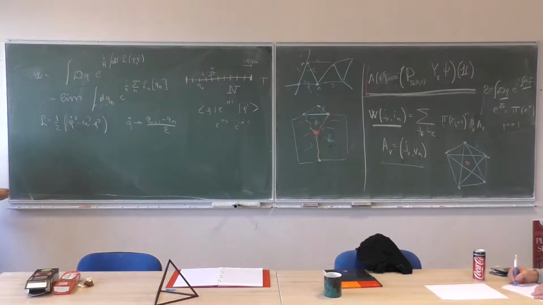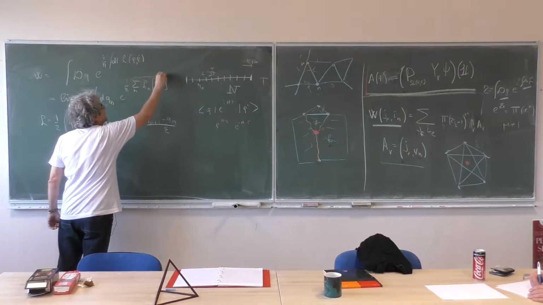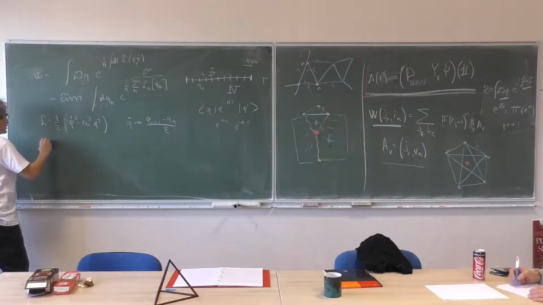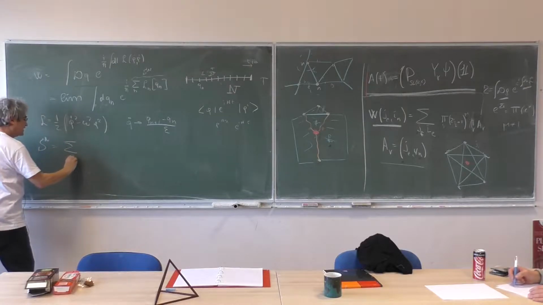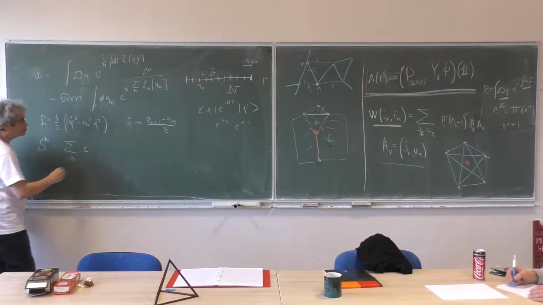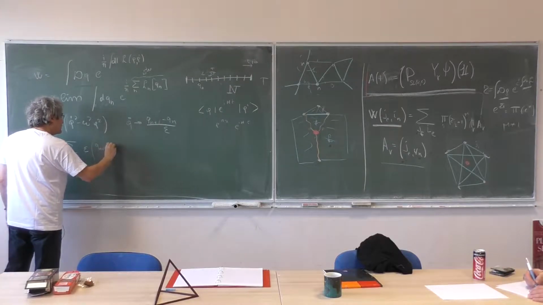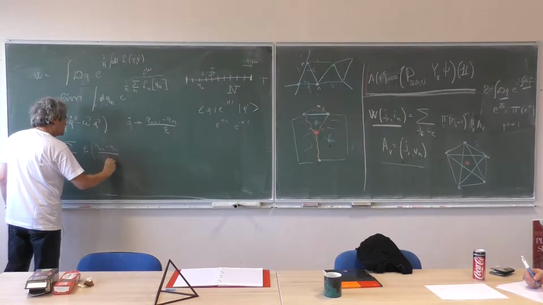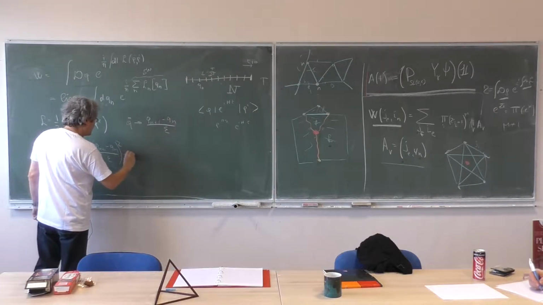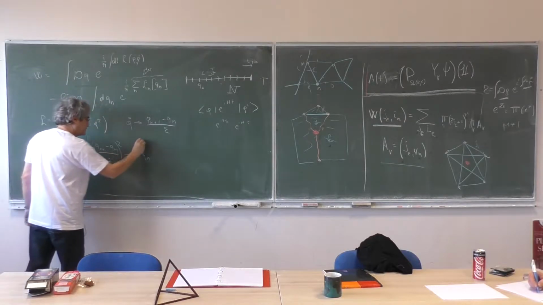So the discretized action, S discretized with big N, is the sum over n of dt, which is epsilon in the discretization, times q dot squared, so (qn plus 1 minus qn over epsilon) squared, minus omega squared qn squared, everything multiplied by epsilon.